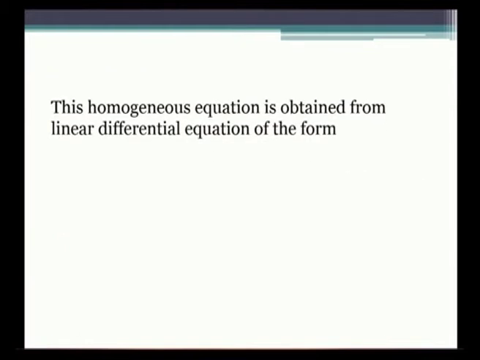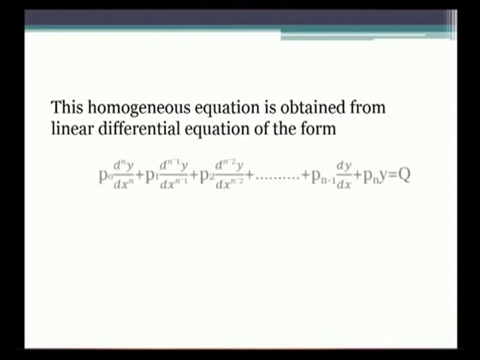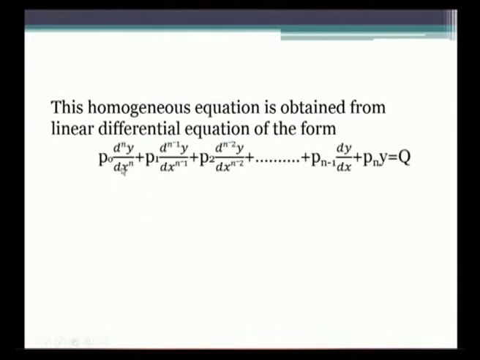This homogeneous equation is obtained from a linear differential equation of the form P0 d power n y by dx power n plus P1 d power n minus 1 y by dx power n minus 1 plus P2 d power n minus 2 y by dx power n minus 2 plus etc. plus P n minus 1 dy by dx plus P n y is equal to q.